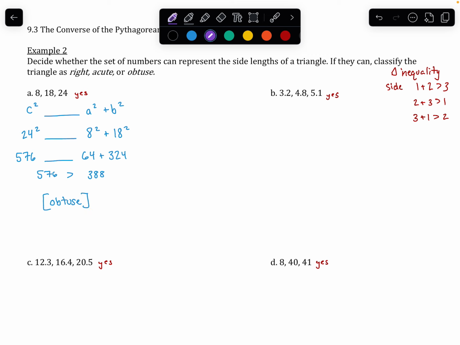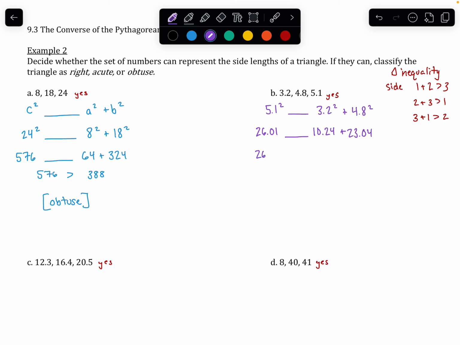Go to our next problem. I have 3.2, 4.8, and 5.1. 5.1 is going to be my c, so I'm going to say 5.1 squared. Put a line, and then 3.2 squared plus 4.8 squared. 5.1 squared is going to be 26.01. 3.2 squared is going to be 10.24. 4.8 squared is going to be 23.04.